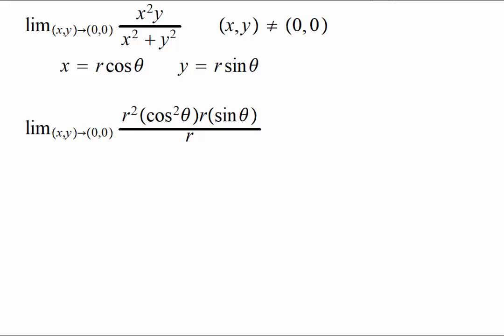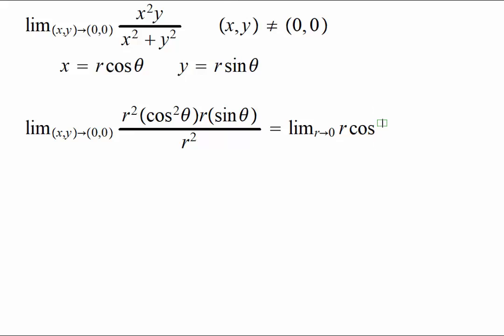Now if we simplify, r squared and r squared will cancel, and here (x, y) goes to (0, 0), which amounts to the same thing as r goes to 0. So we have r cosine squared theta times sine theta.